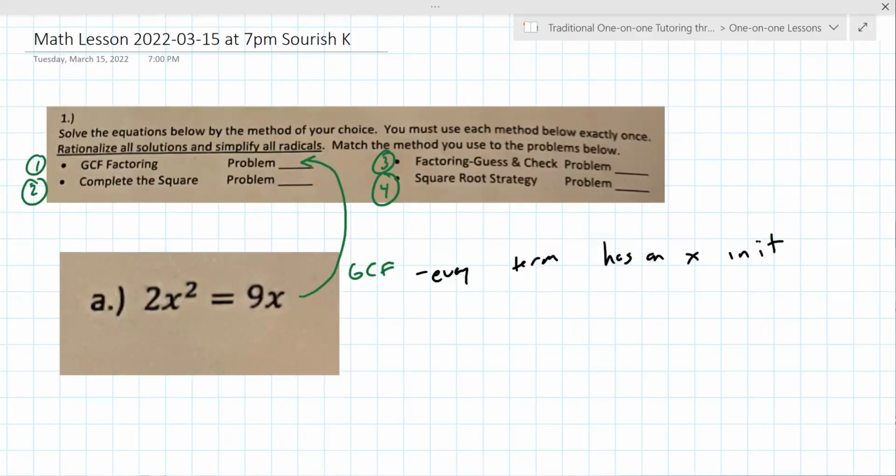Notice that letter B, letter C, and letter D have non-x terms in them. Basically, they have numbers that don't have an x with them, but these both have an x in them. That is why this one is GCF factoring.